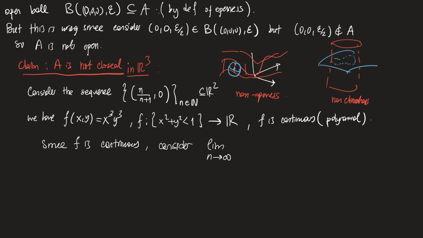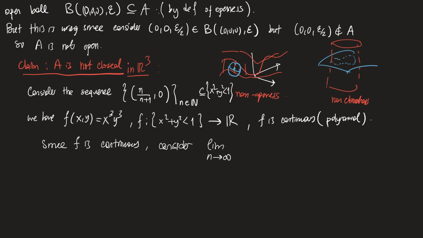This sequence is a subset of x squared plus y squared being less than 1, because the first coordinate squared is less than 1 and the second is 0, so every point of this sequence is in this set. That's why it is true.